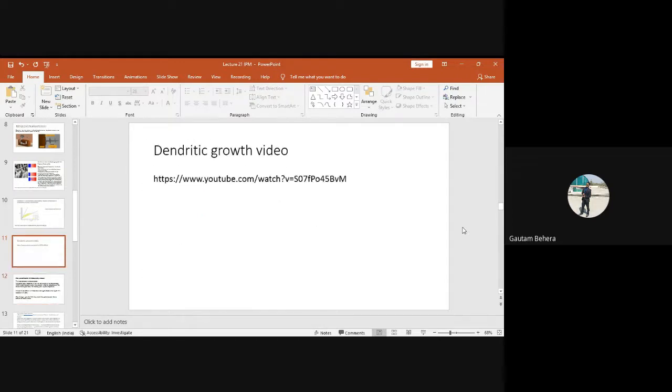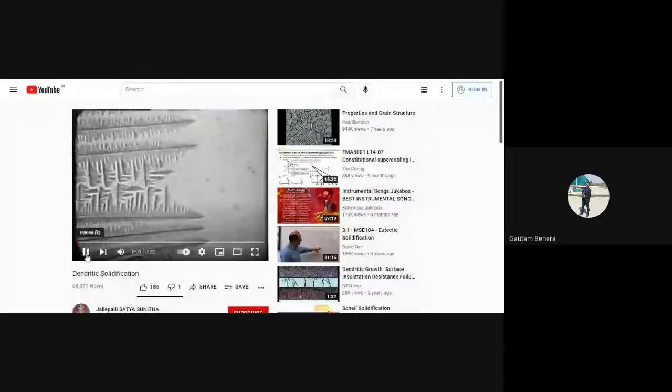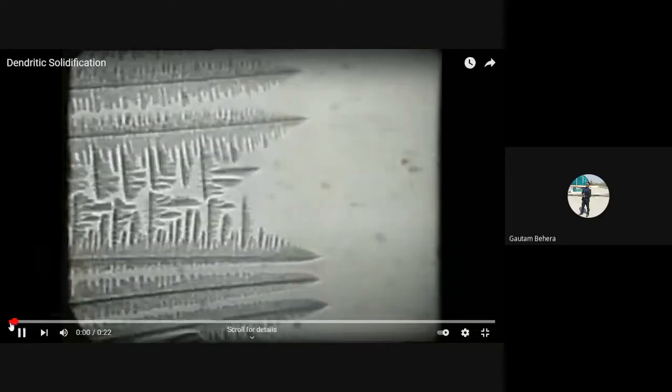Okay, right now I'll show you a dendritic growth video. Just have a look at how dendrites are really forming. So just have a look, how dendrites are growing really.